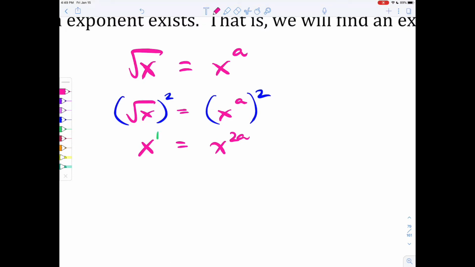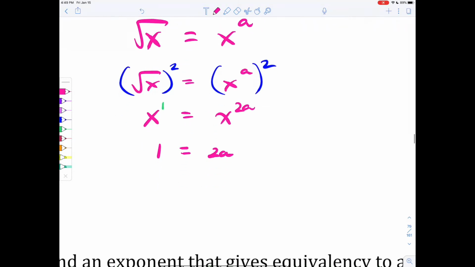We're saying that x to the power of 1 is the same thing as x to the power of 2a. Well, that must mean that 1 is the same thing as 2a. And if we divide both sides by 2, we can then say that a is equal to 1/2.